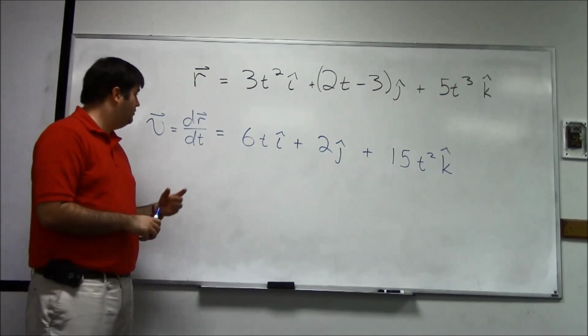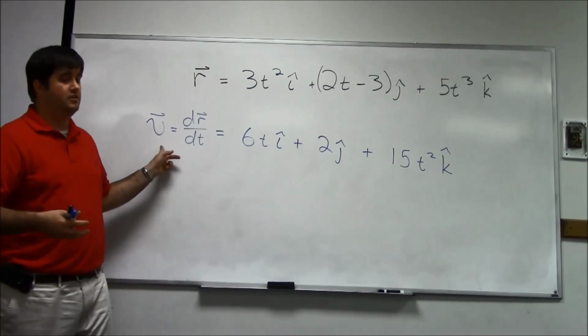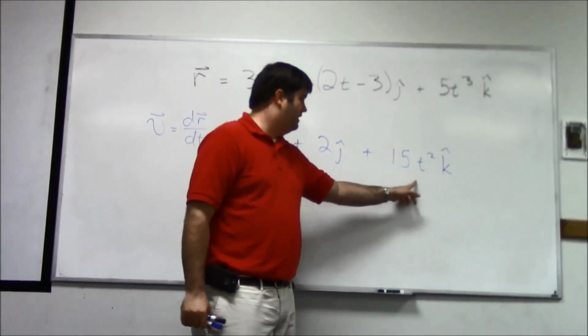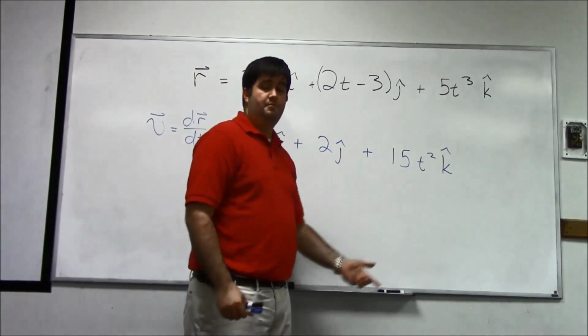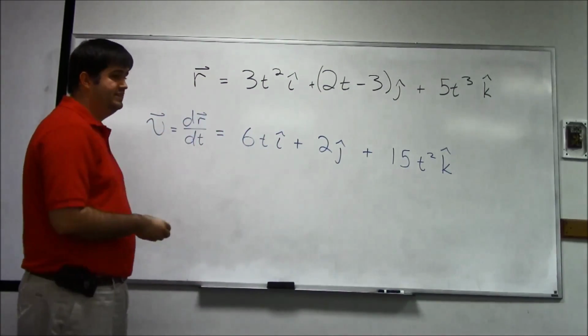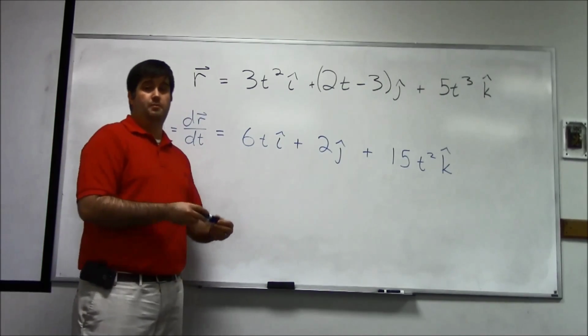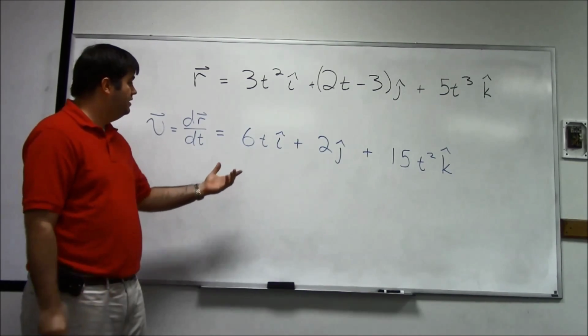And if I wanted to know the instantaneous velocity at a particular instant in time, I would just plug in the time, and I would get a velocity vector with x, y, and z components. So I would get some specific velocity vector for any point in time. If I wanted to know one single component of the velocity vector at any point in time, I could do that too.